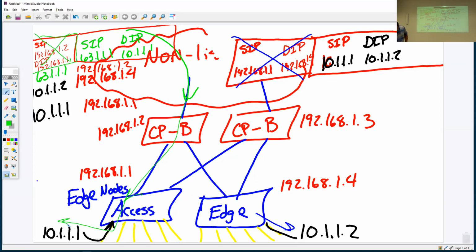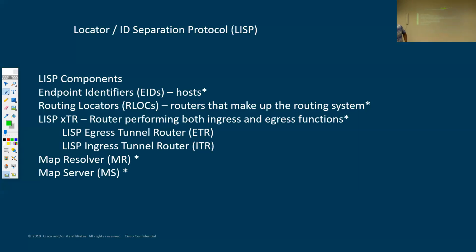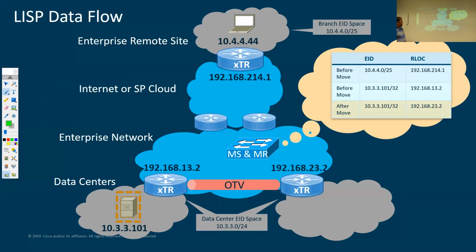Now they go through and they kind of show a picture of this on my slide here. So I've got my data centers in this case out over here. Got my tunnel routers. These would be my proxy tunnel router up here at the top. And this is all of our LISP site that we're utilizing within here. Notice we have this host 10.4.4.44 is in some other network and not a part of the LISP environment.